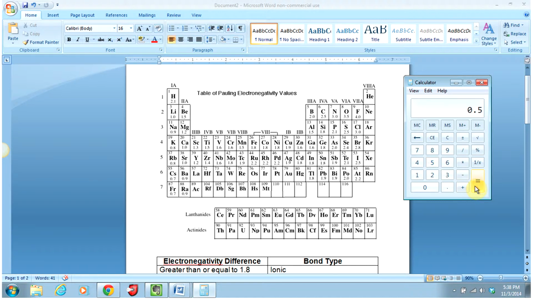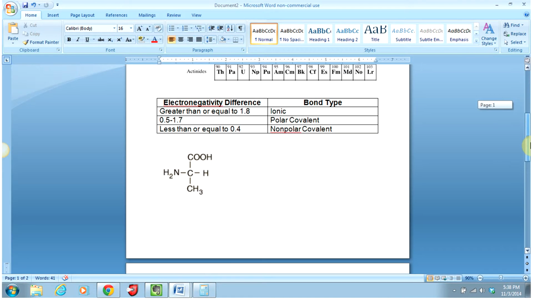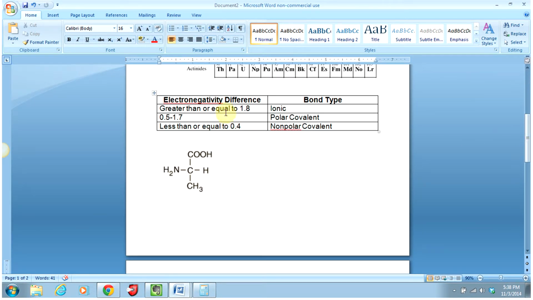And I end up with an electronegativity difference of 0.5. Now I'm going to go down to this little chart, which tells me, based on the electronegativity difference, what bond type we're looking at. So we had 0.5, so it looks like it falls in the polar covalent bond range.